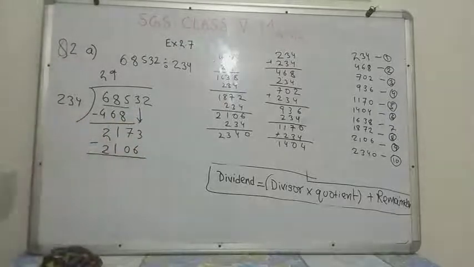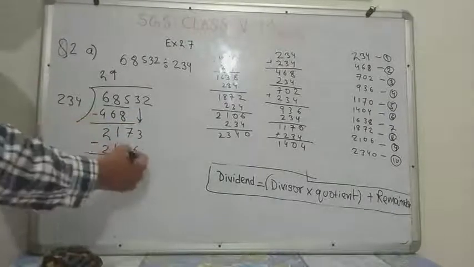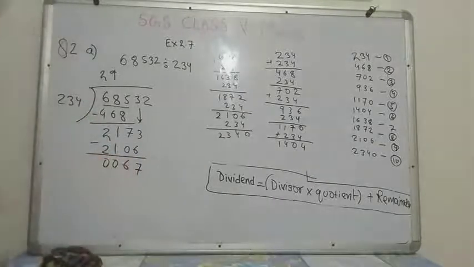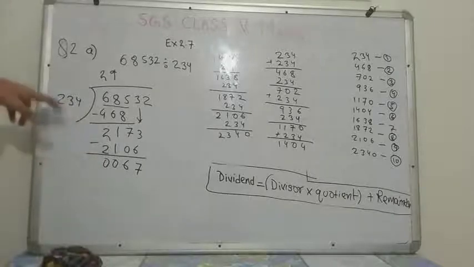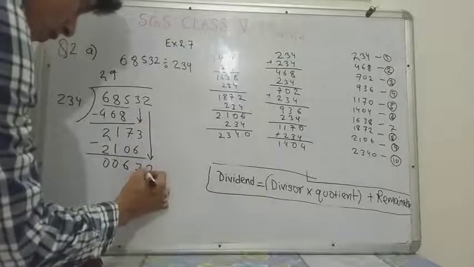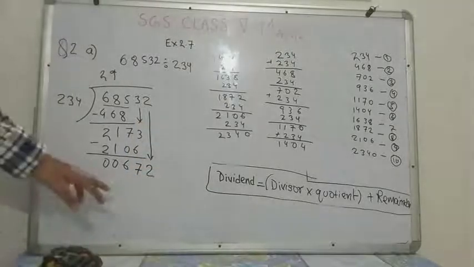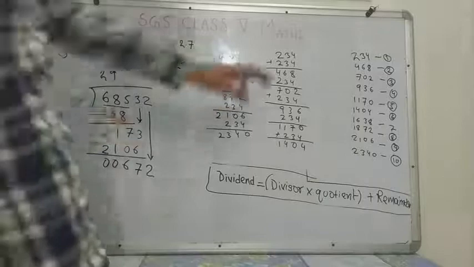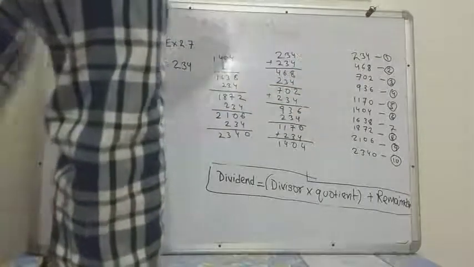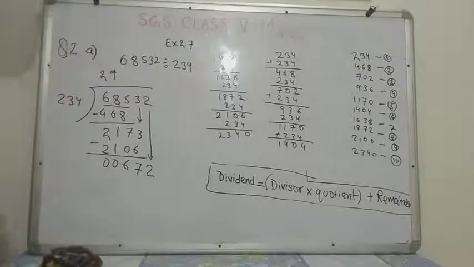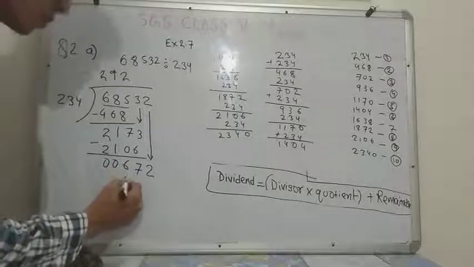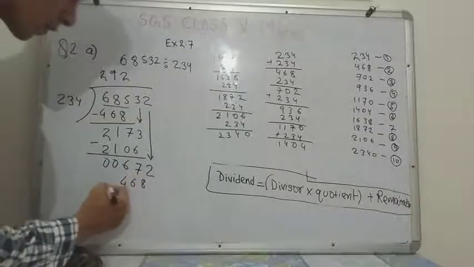When we subtract 12 minus 6, we got 6, here comes 6, 0, 0. 66 is smaller than 234, so we put down the remaining digit here and again we check in which multiple 672 comes. 672 is greater than the second multiple but smaller than the third, so we multiply by second times and we got 468.